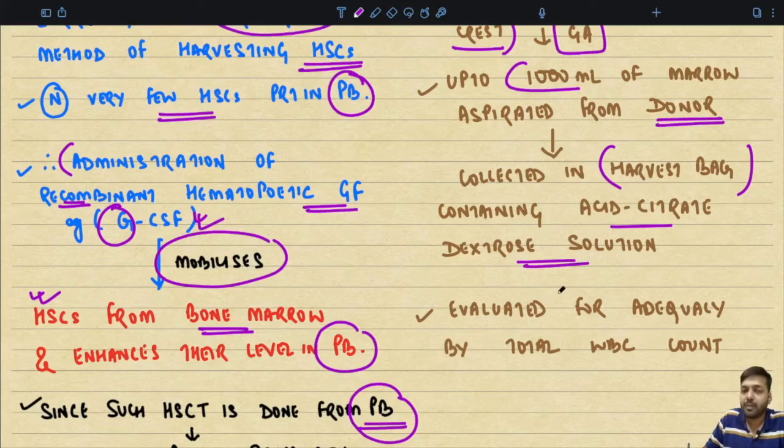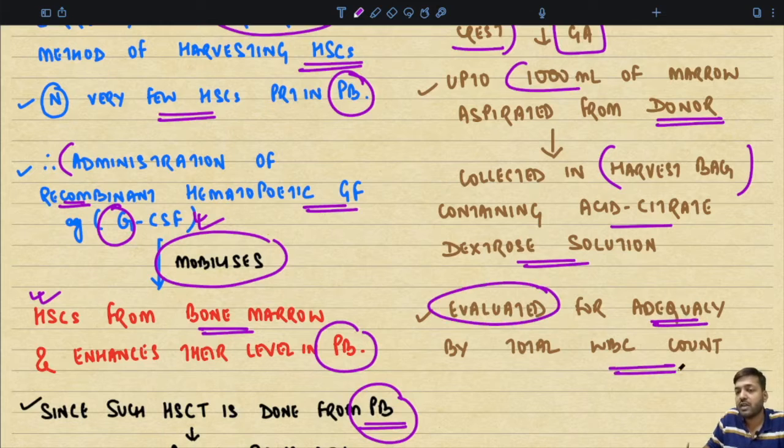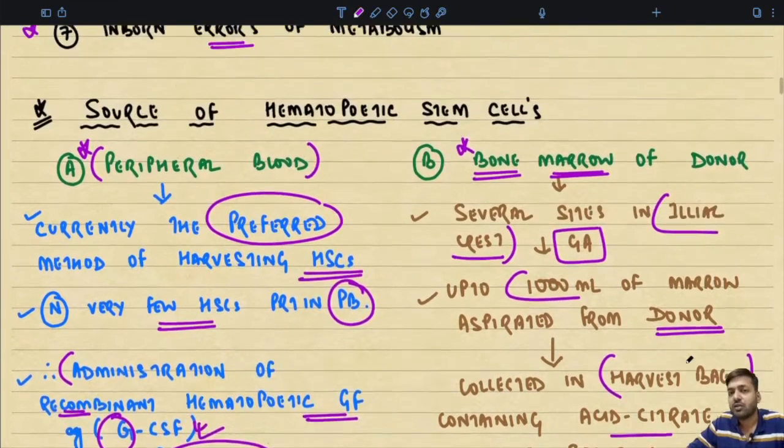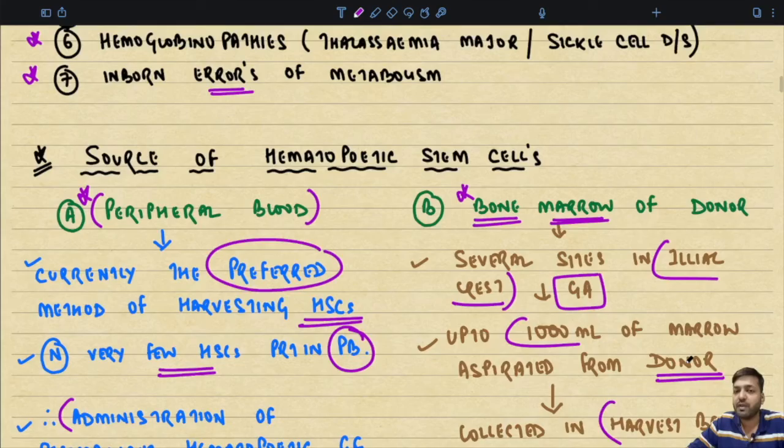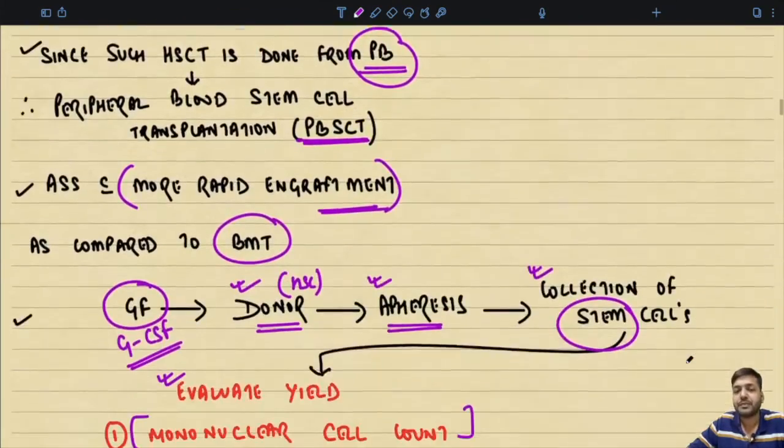Just like the peripheral blood transplant, the bone marrow harvest is also evaluated for adequacy by total WBC count. So these are the two very important sources of hematopoietic stem cells.